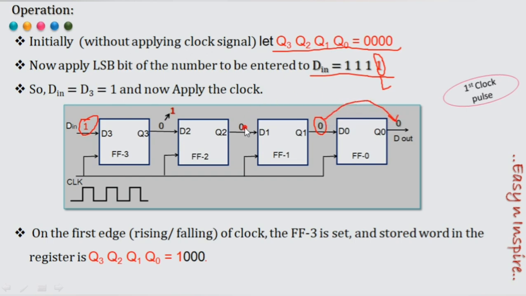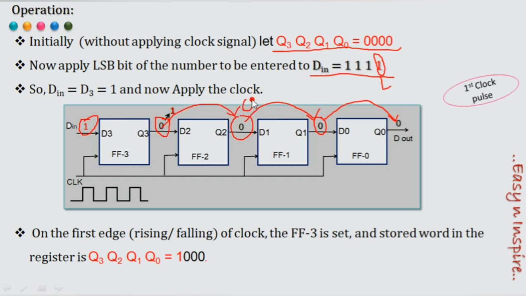Okay, next one. For this flip-flop, this is my input, and again it is going to produce the same. Next, for this flip-flop, 0 is my input, so it is going to produce the same 0 here.